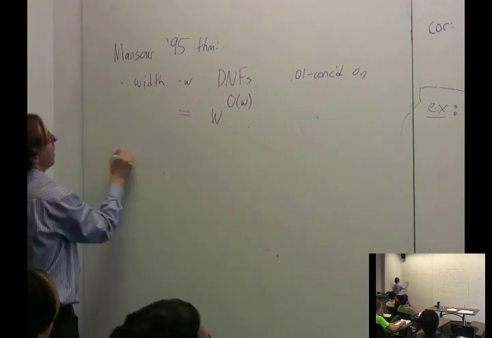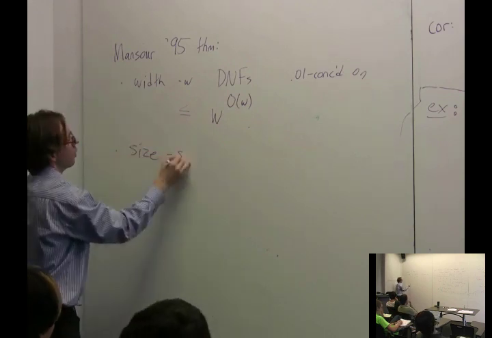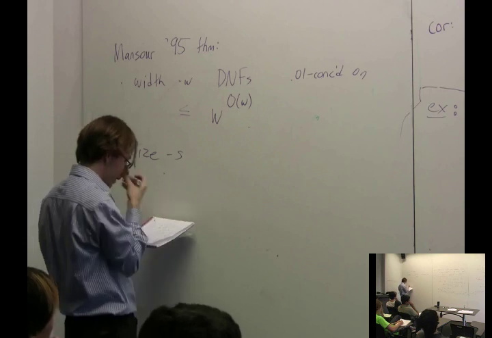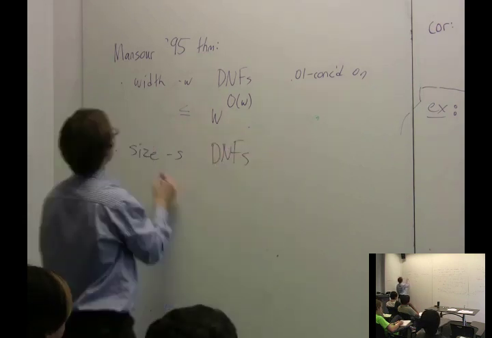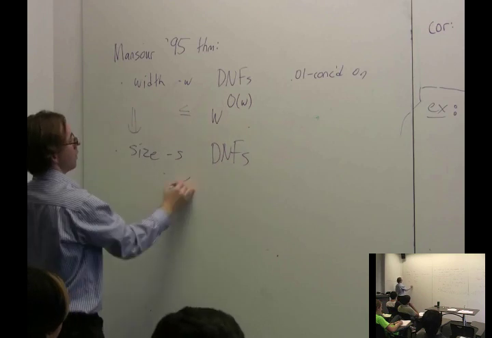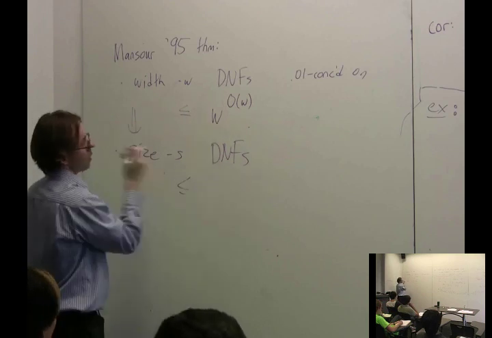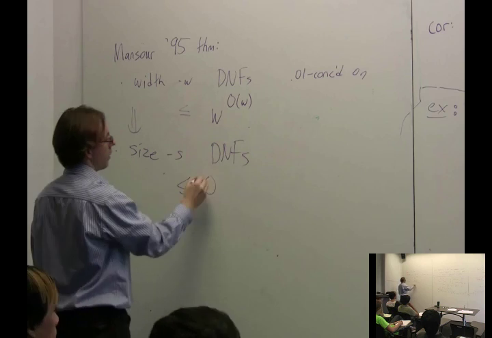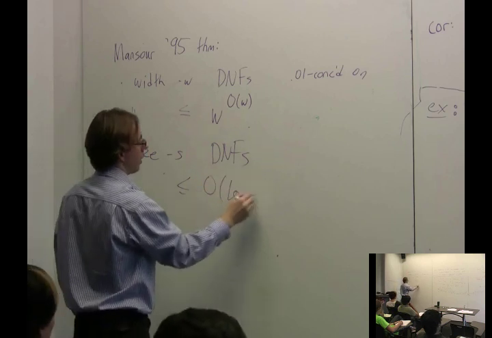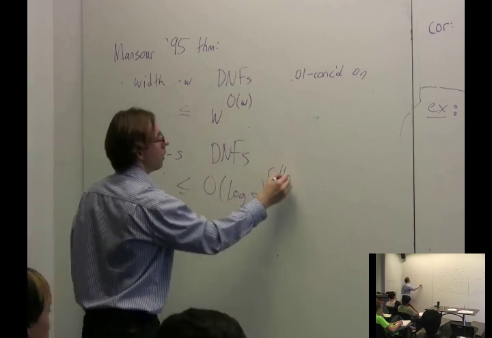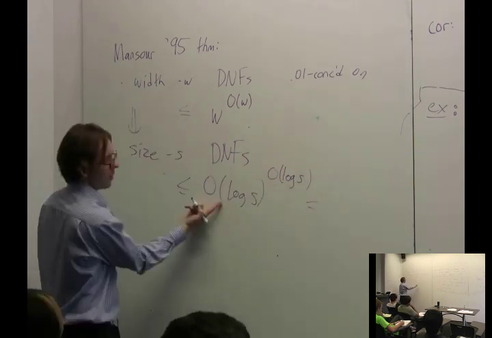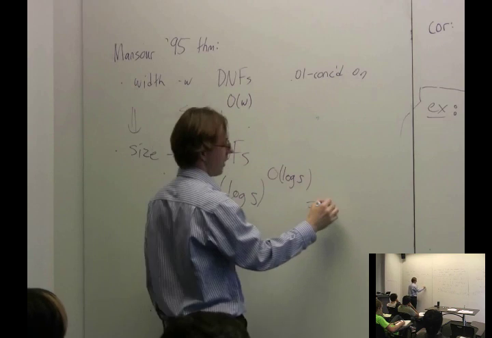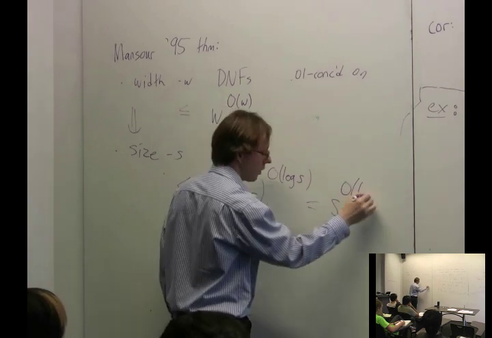And for size, this actually implies for size-s DNFs, you get to replace w by log s. So that's O of log s to the O of log s. You bring this log down and this one goes up becoming a log. That's like s to the O of log log s.